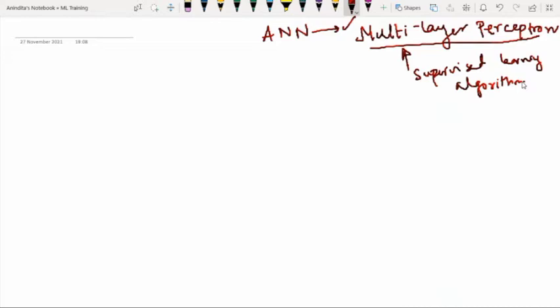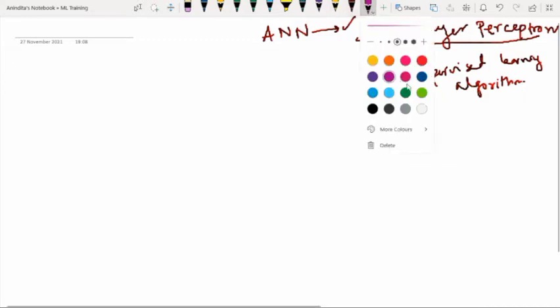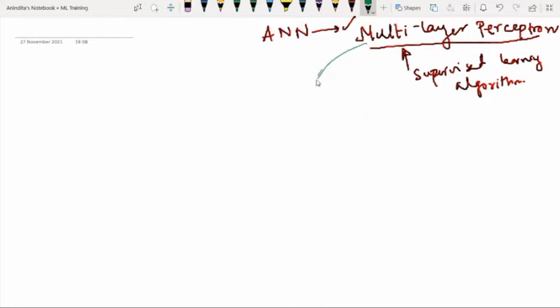Then what will it actually do? I have already explained that there is one activation function, right? After applying the activation function on y in, we are getting the output. So what is the objective here, what will this multi-layer perceptron do?